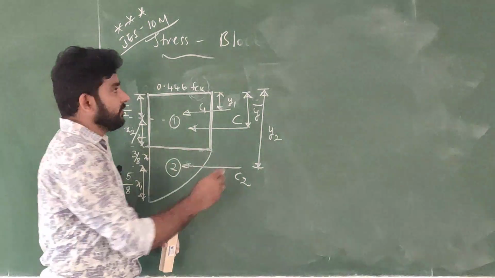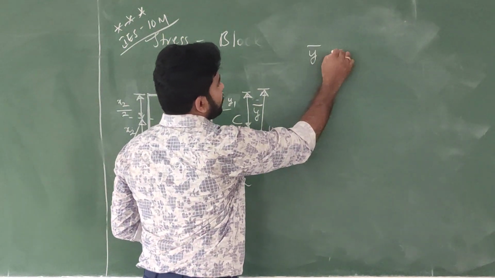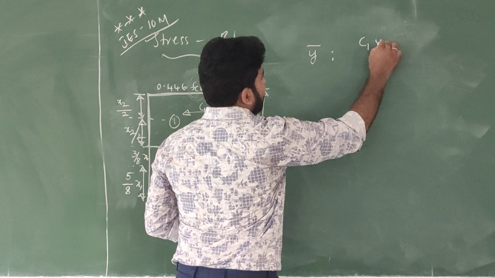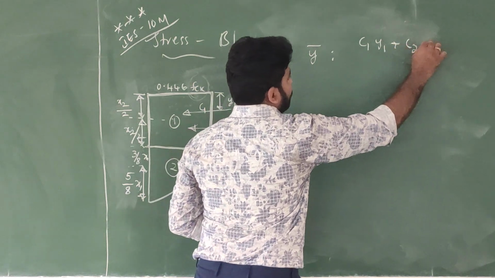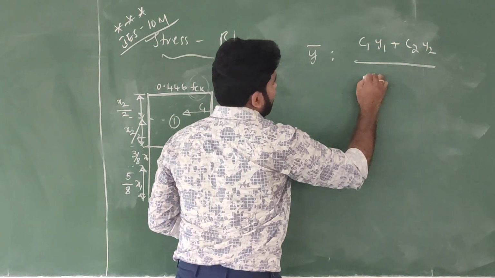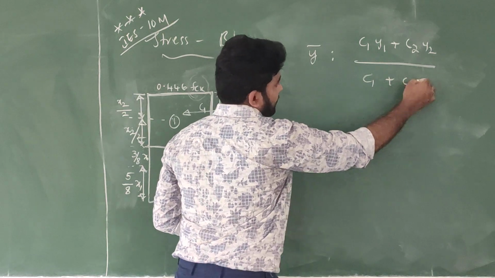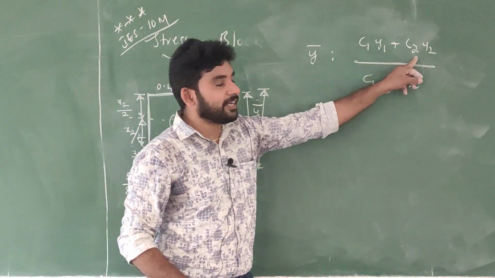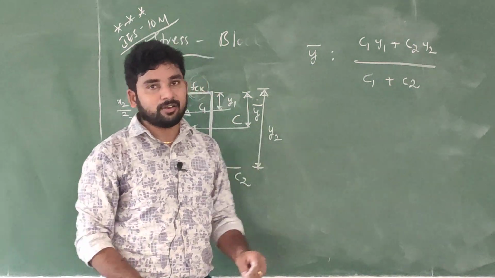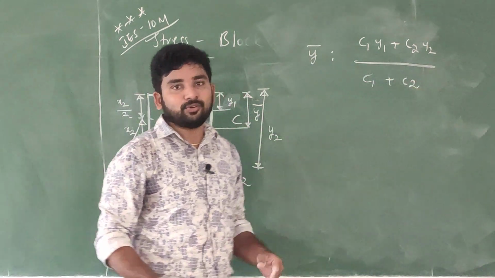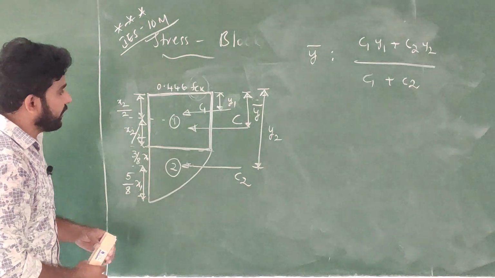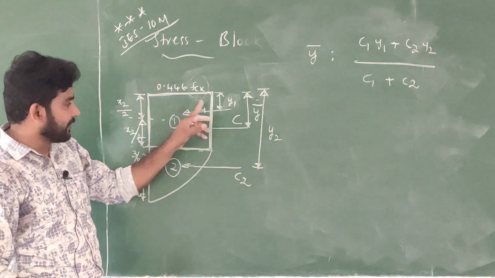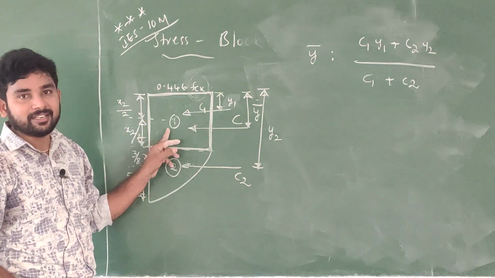Find out the centroid. y bar equals C1 y1 plus C2 y2 divided by C1 plus C2. Already we determined C1 and C2, there is no problem at all. Come to y1 and y2. How to find out y1 and y2? y1 is the centroid of this rectangle.